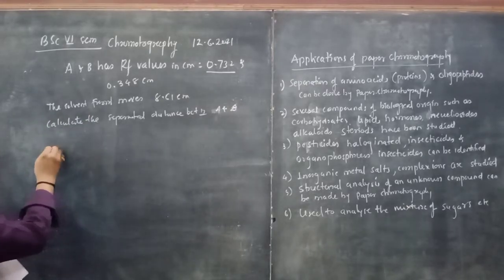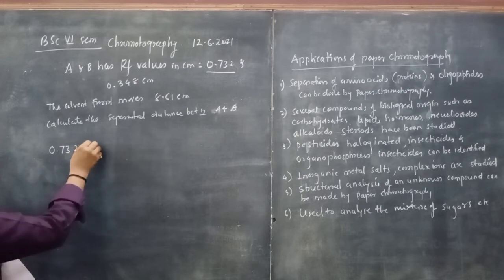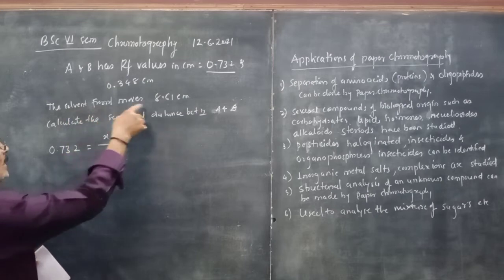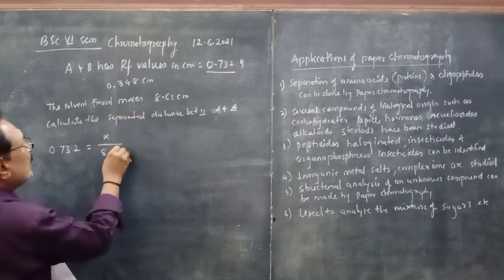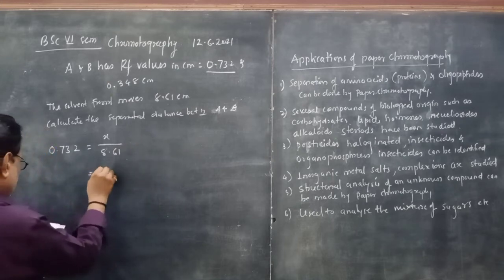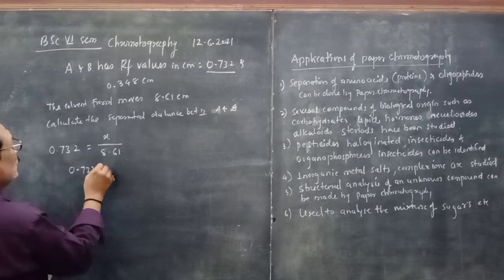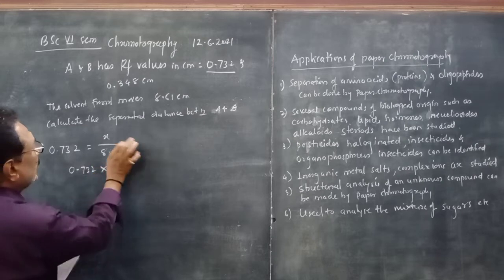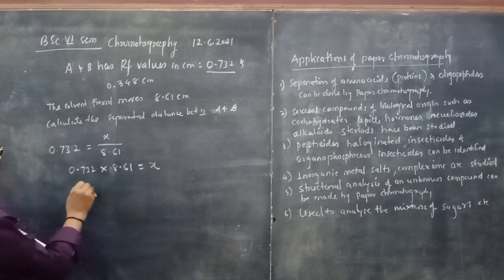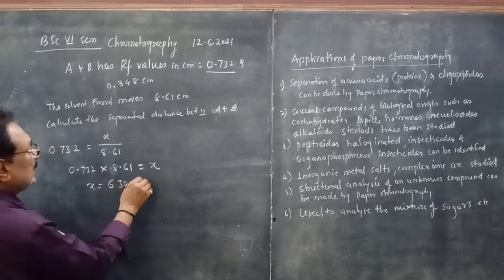For A, the RF value 0.732 is equal to X upon the solvent front, 8.61. So X equals 0.732 into 8.61. Therefore X is equal to 6.30 centimeter.